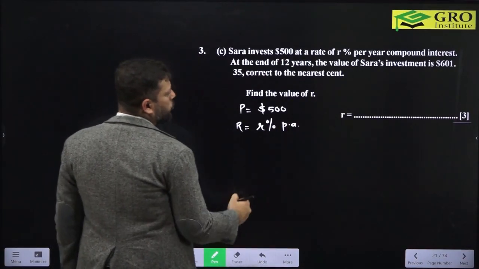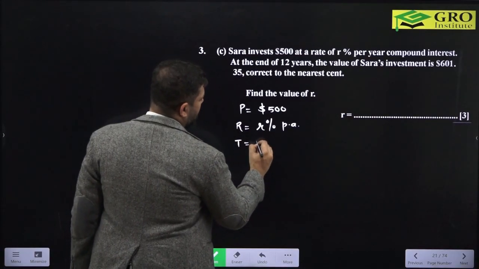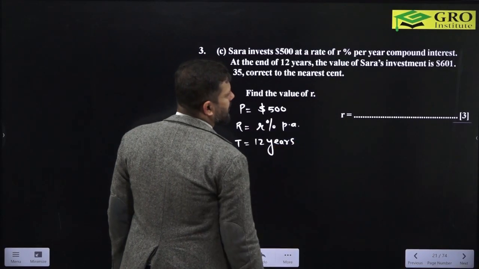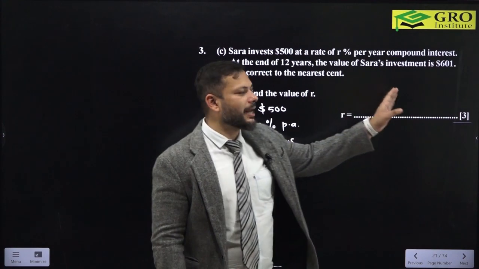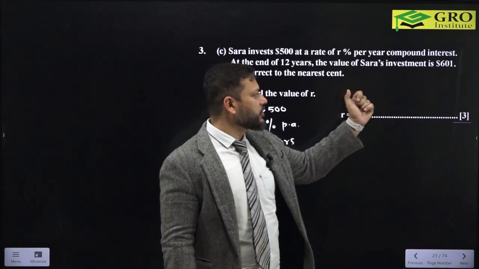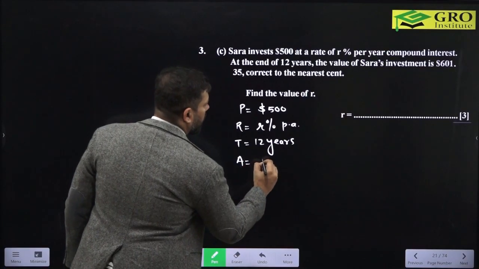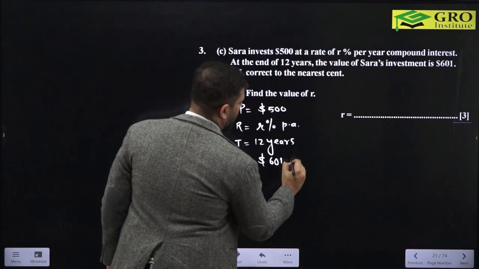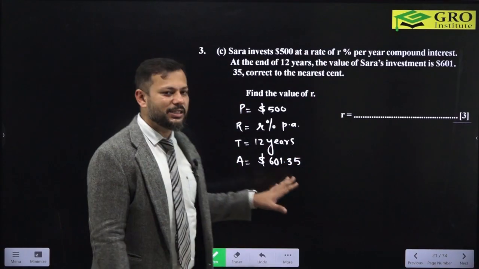It is the case of compound interest. Also, we are being given time as 12 years. And what else? We already are being given the amount that Sarah's investment will fetch her. So the amount here is $601.35, right? So these are the things given to us.